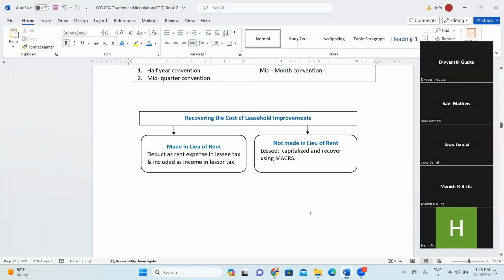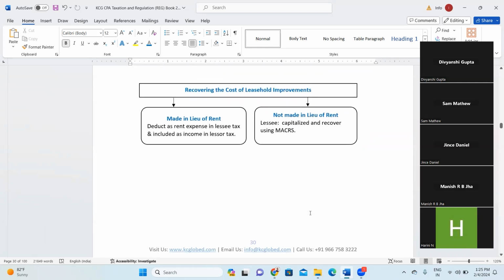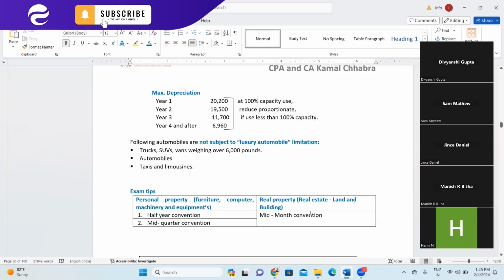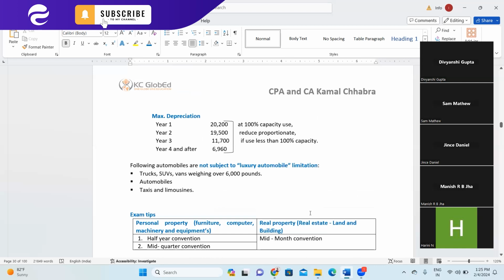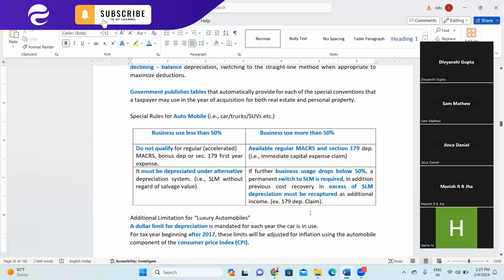Now, recovering the cost of leasehold improvement. Right? So what is leasehold improvement? So the last question: we have not discussed so far the block of asset concept. Like in bookkeeping, people use a block of assets, like all the computer equipment will be under computers, all the cars into cars.